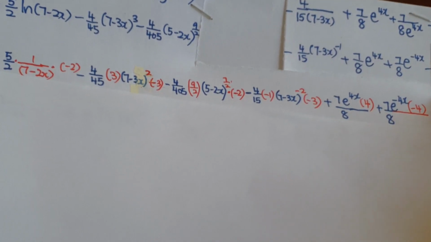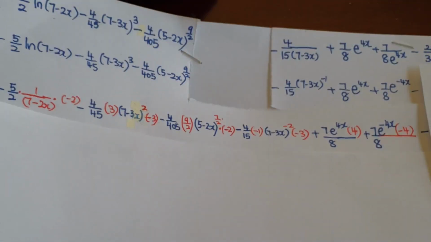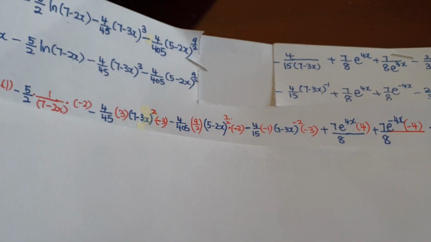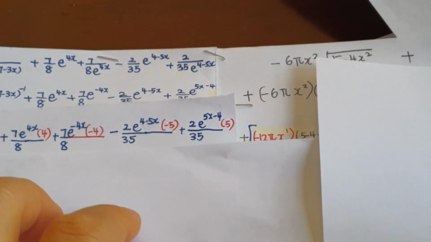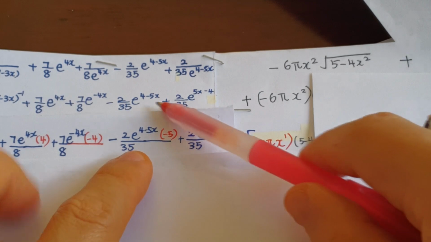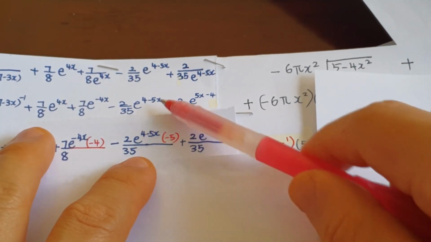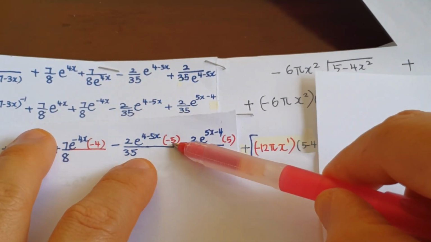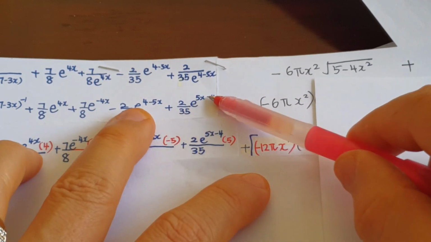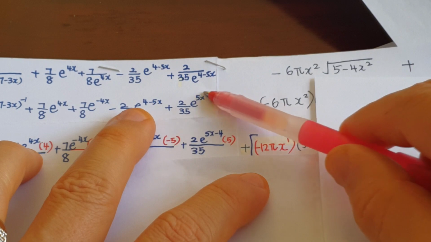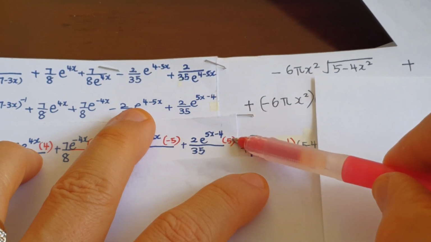In this case it's minus 4, and this one, do the same, photocopy, differentiate this, you get minus 5, so you multiply, that's it. Okay, this one same thing. Okay, differentiate the power, you get this.